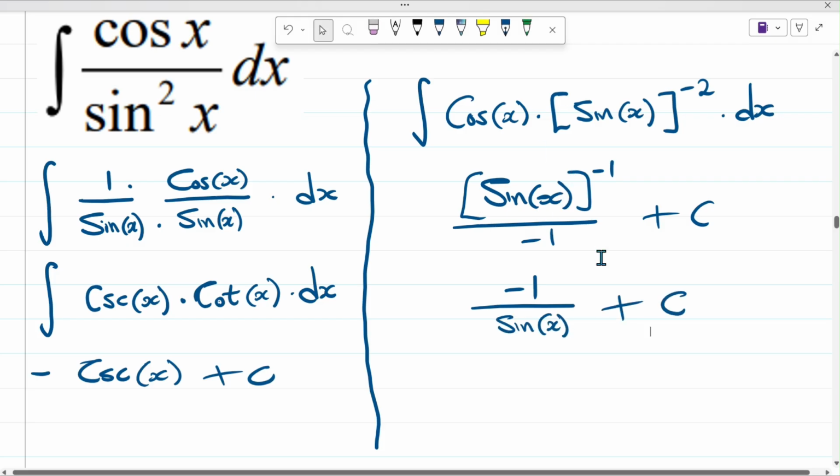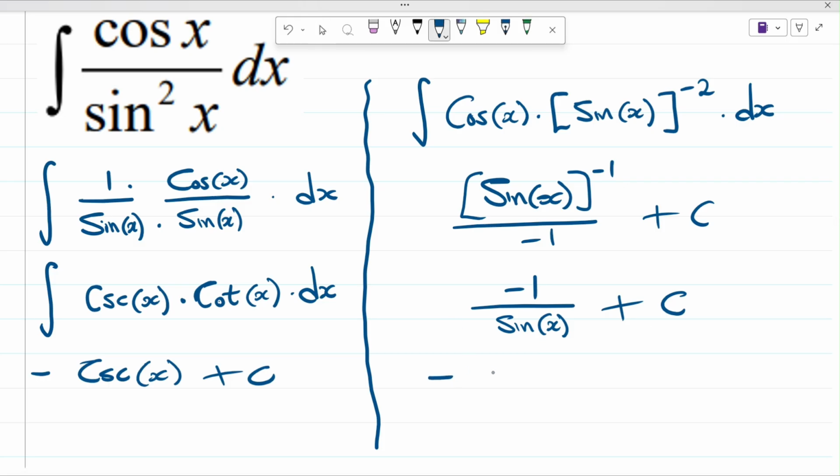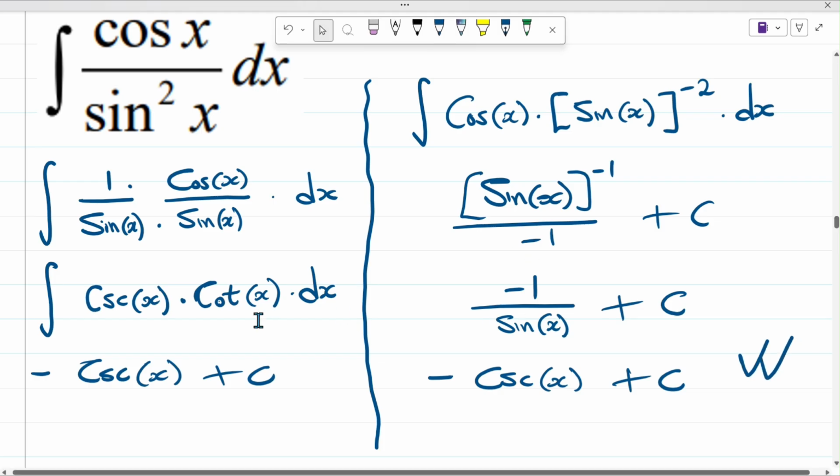If I take sine x down there, 1 over sine is equivalent to cosec x. So at the end of the day, this is going to be the same as the other method. It's going to be negative cosec x plus c. Then ta-da! Both these people would have gotten the same answer using different approaches.